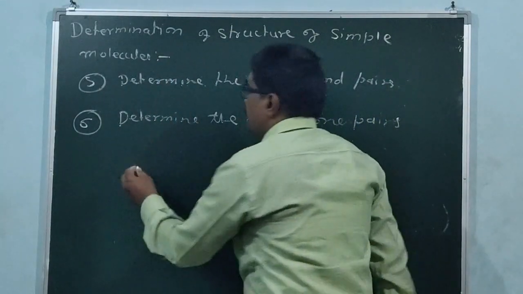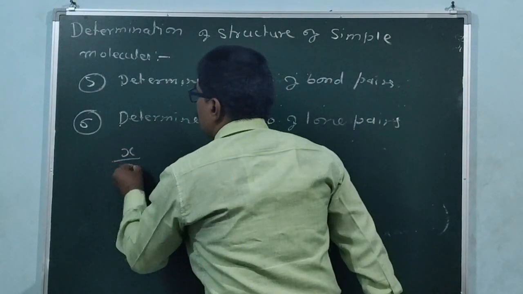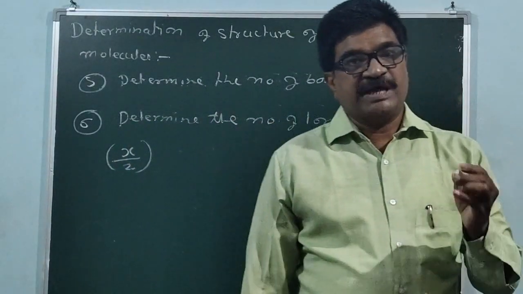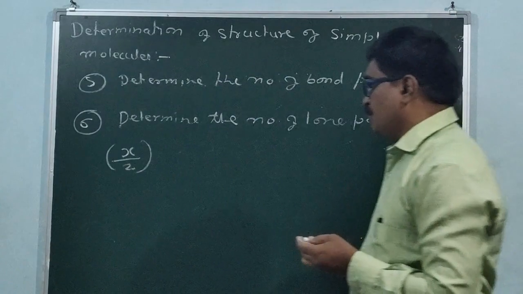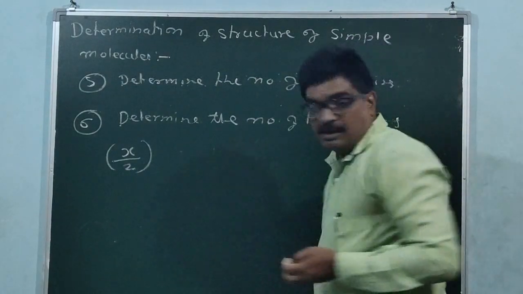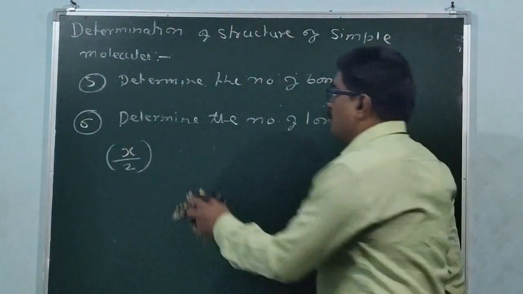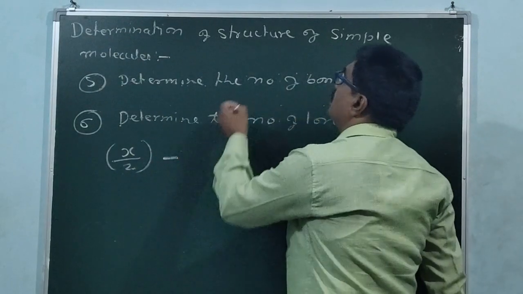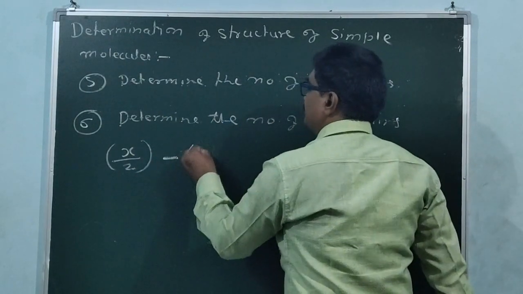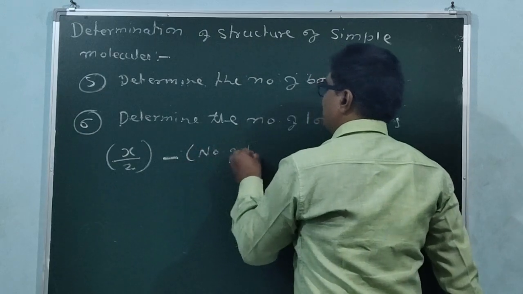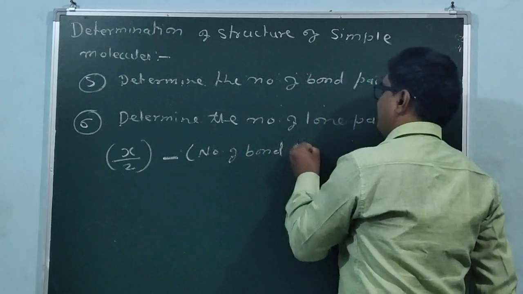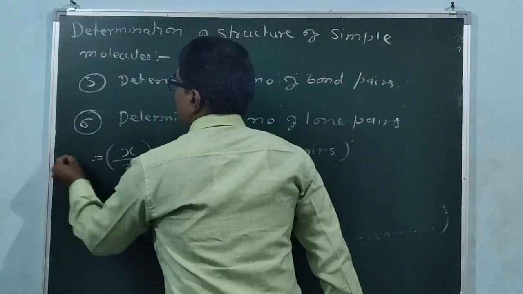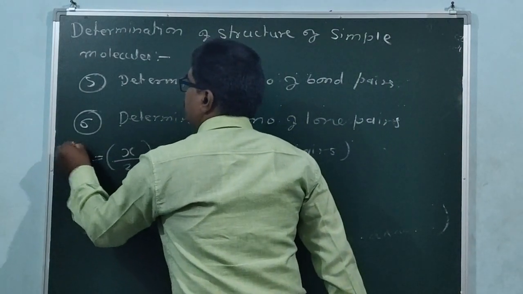From this we have to subtract the number of bond pairs, and that way we can calculate the number of lone pairs.